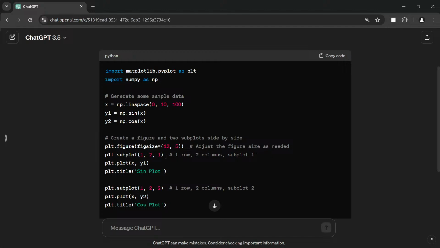Yeah. No. 1 row. Oh, I see. Okay. Is this right? I don't even know this.